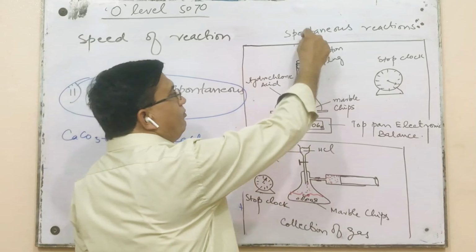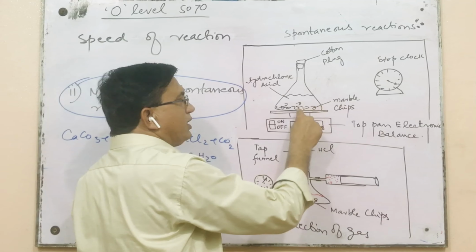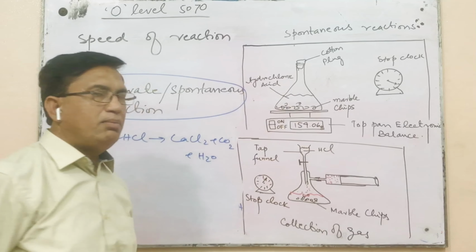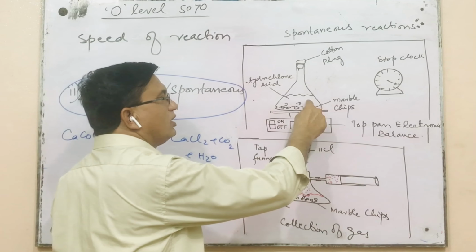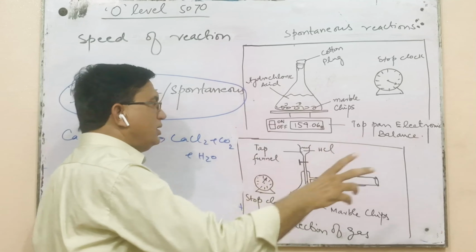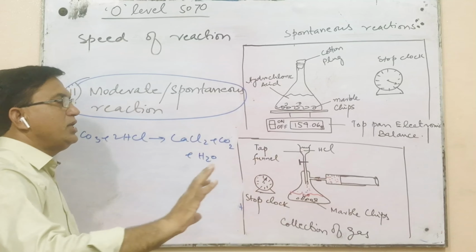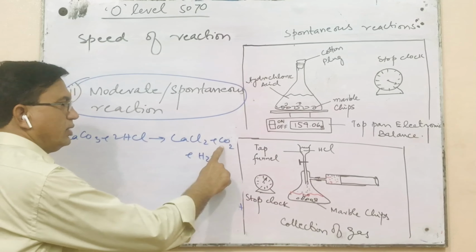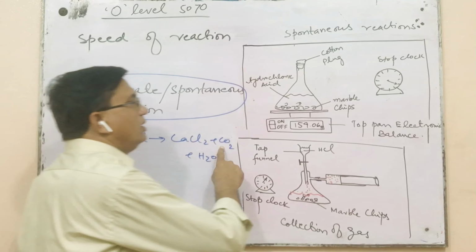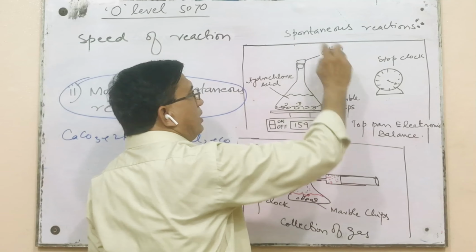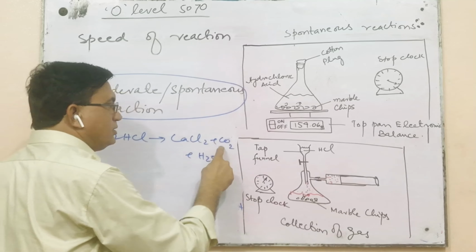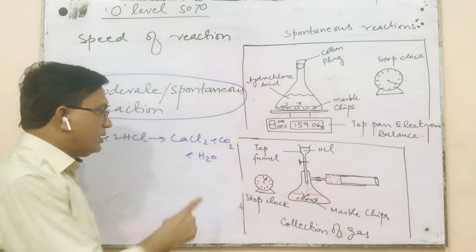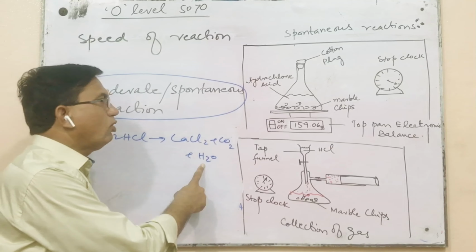Whenever we add hydrochloric acid to the marble chips already present in this conical flask, an immediate, spontaneous reaction will start producing this gas. We will put a cotton plug here just to allow the gas molecules to escape out, but not the water molecules or water vapors.